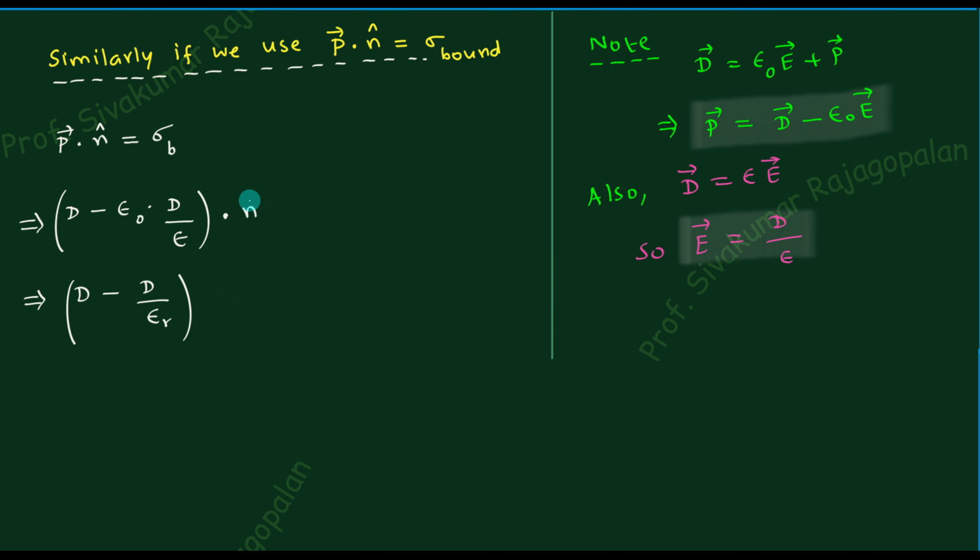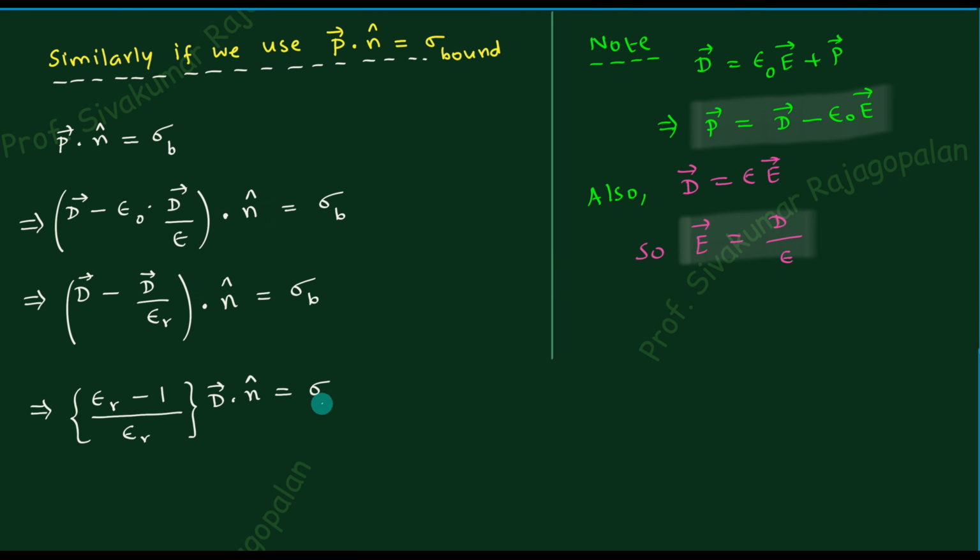Then that is equal to sigma b. Each one of them is also a vector quantity. Now we can take something common. Let us take D common. If I take D common, I get epsilon r minus 1 divided by epsilon r, then D dot n, and that is equal to sigma b.